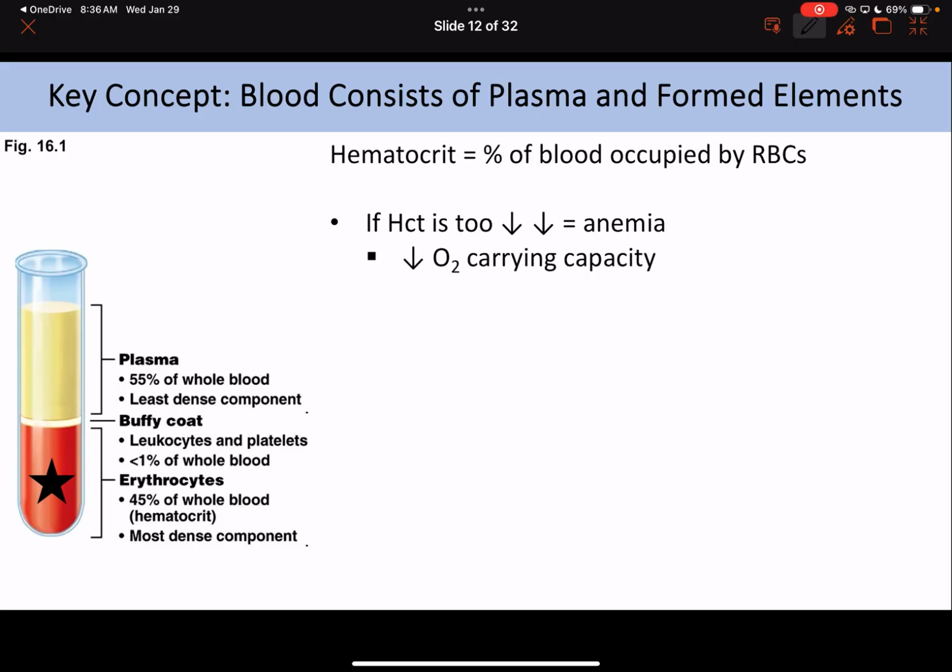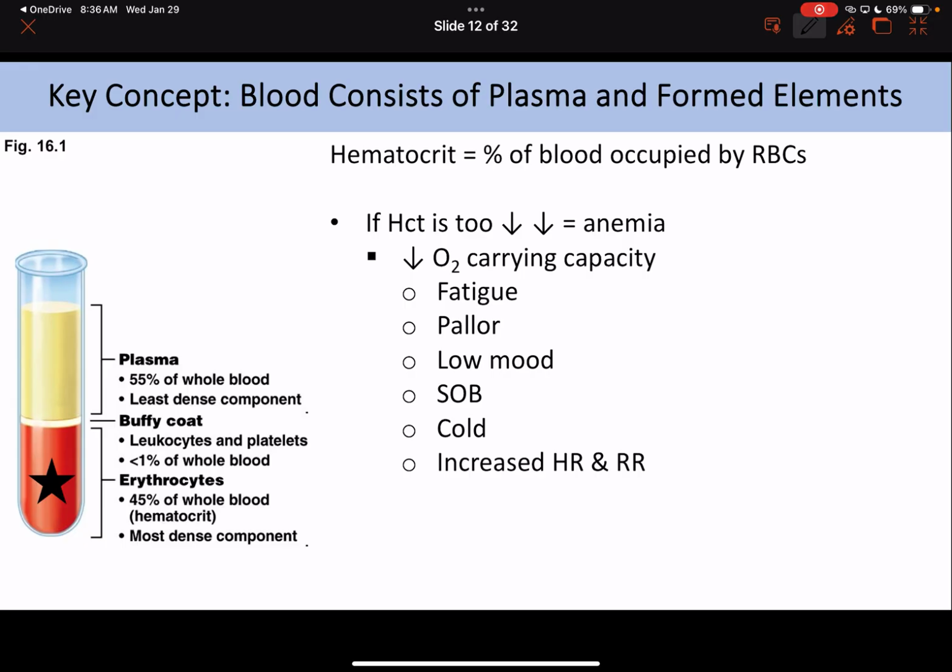Okay? The main function of our red blood cells is to carry oxygen. So if you are anemic, meaning you have less red blood cells than you should, then you have a lower oxygen carrying capacity, which means you get less of that oxygen delivery to tissues, which means less energy for those tissues.